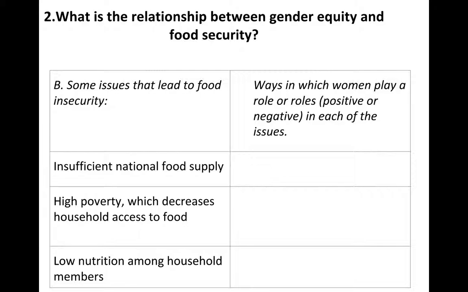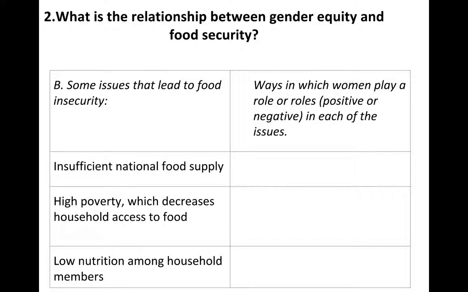Turn your paper over and you should see, again, a chart. It says some issues that lead to food insecurity. And then let's talk about ways in which women play a role or roles, positive or negative, in each of these issues. So in this column here, we know that there are factors that contribute to food insecurity.